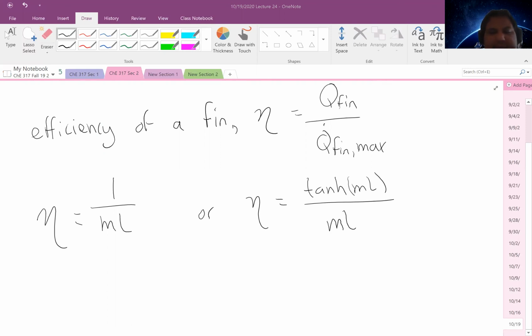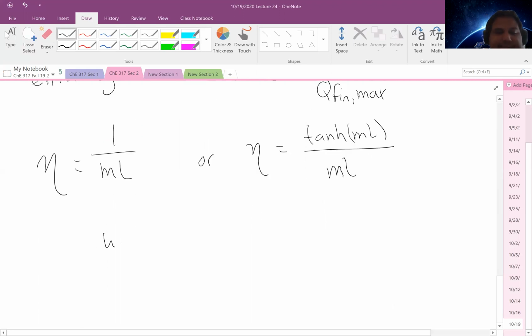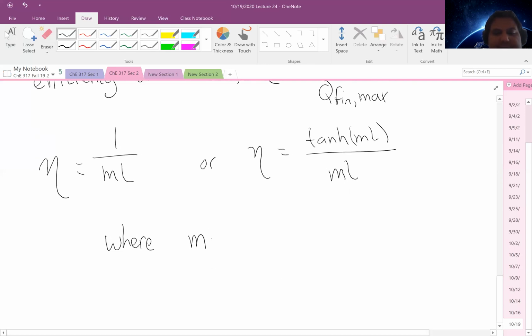However, they share one thing in common, essentially the inverse of this m value by the length, where m is simply a summary term of the key characteristics of the fin, which is the square root of hP over k times Ac.